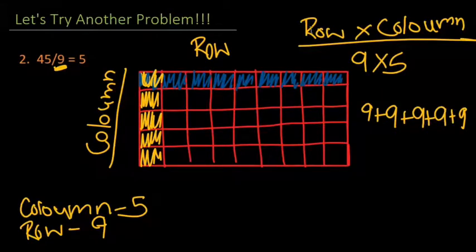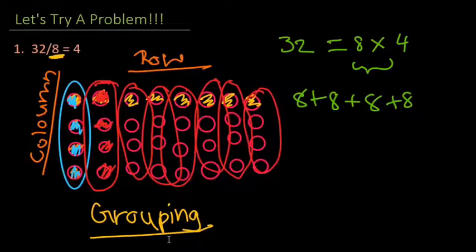Okay, so this last question over here is a problem time question. So this is basically where I give you a question and you either do the row times column method or the grouping method. You do either of those to solve the question that I am going to be giving you.